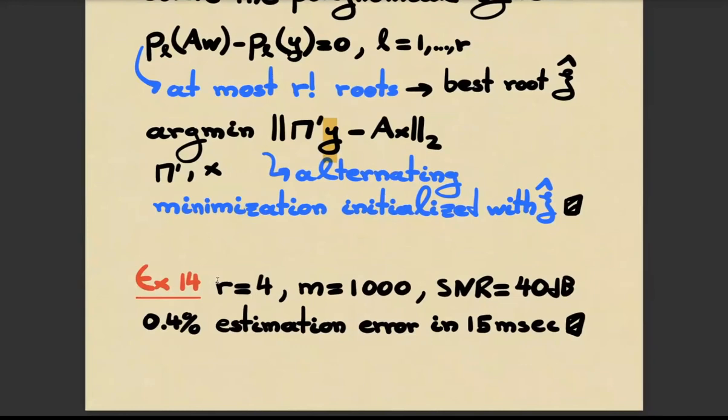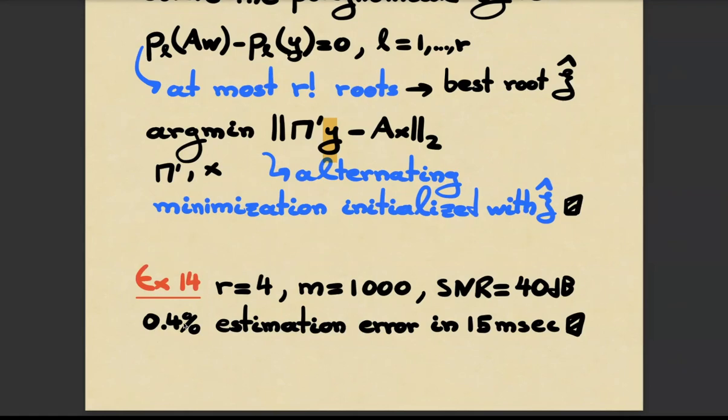If the dimension of the linear subspace is 4, and we have 1,000 equations, so the permuted linear system is of size 1,000 by 4, and then we add a little bit of noise, 40 decibels, then in 15 milliseconds, this algorithm gives us back the correct answer with a 0.4% estimation error.